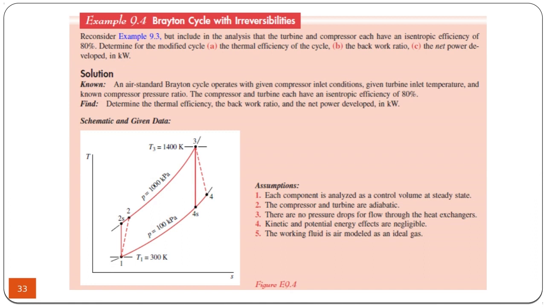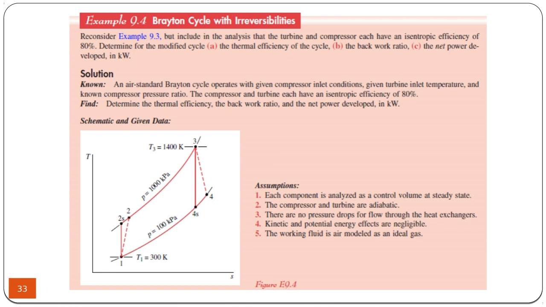There's an example regarding this. A gas turbine has an irreversible compressor in which the compression does not take place isentropically, and an irreversible turbine in which expansion does not take place isentropically either.